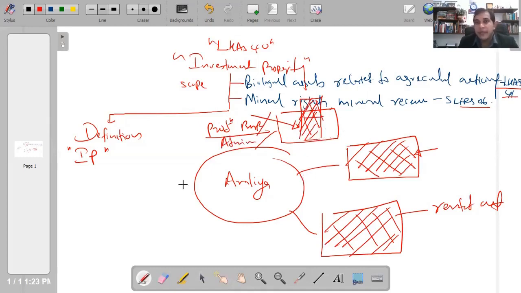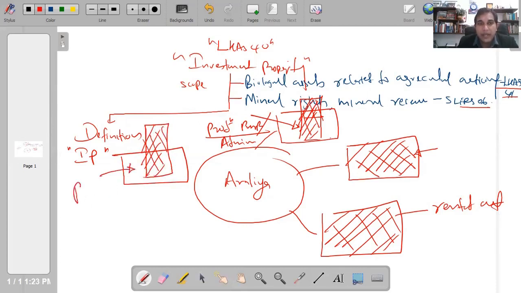There is another land and building, and this land and building is rented out. Let's assume this particular building has around 4 steps. 2 steps we are using for business purposes, and another 2 steps are rented out.